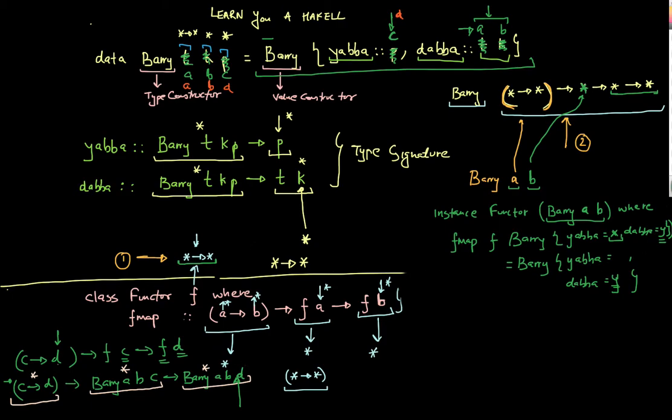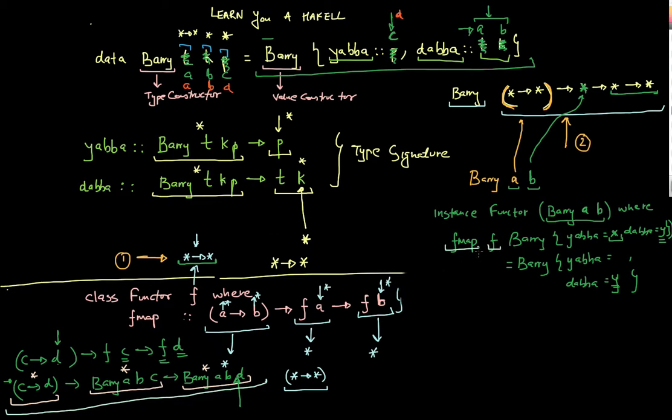Again, remember, this is the function fmap that I'm trying to implement. To implement this function fmap, I must not deviate from this type signature when I make Barry AB an instance of my type class Functor. This is my first argument f.